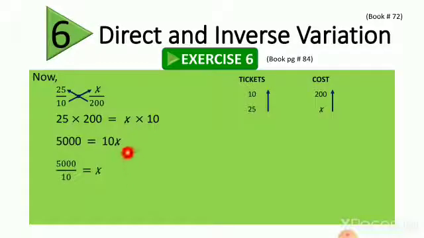Now we need the value of x, so to find the value of x we have to remove this extra 10 from here. So we will move it to the other side. Here 10 was multiplying, so it will divide on the other side. When it is divided, we can cut these equal number of zeros. So x is equal to 500.